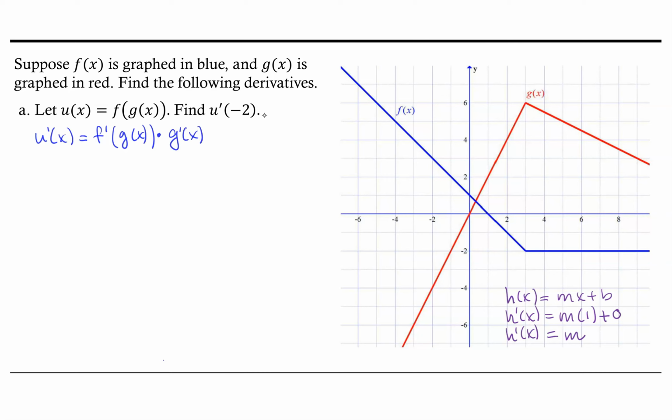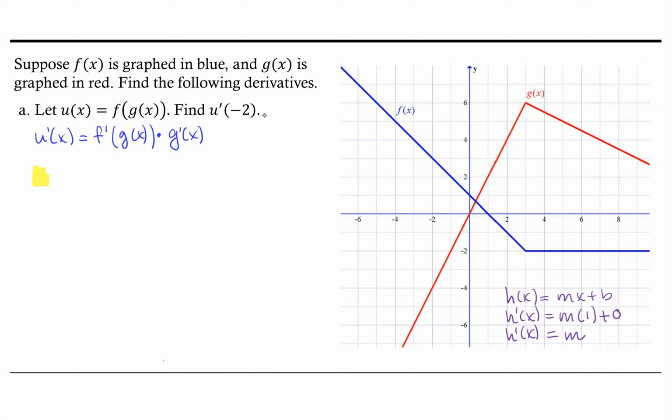Now what we want to do is evaluate u prime at -2. So we're going to use the information that we have in the graph to do that.